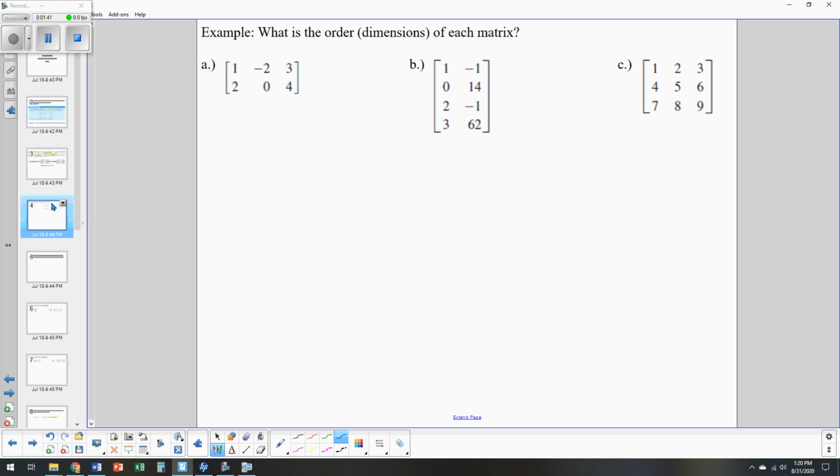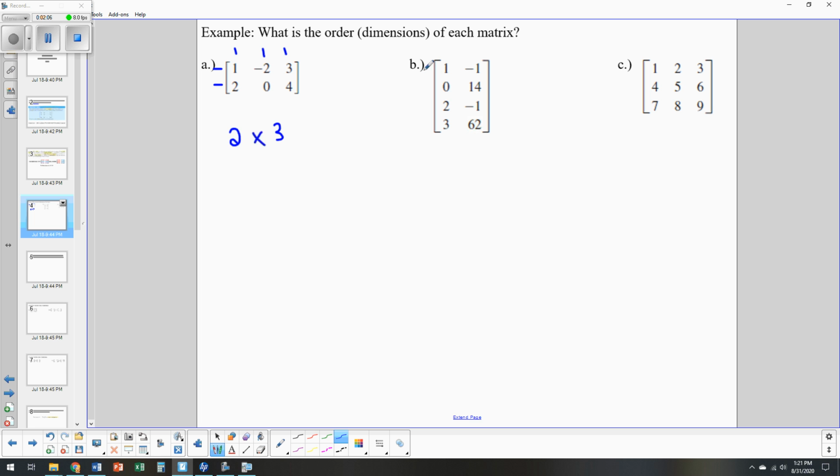So for our first example, we want to know what is the order, or what are the dimensions of each matrix. So we're going to find the number of rows first and then the number of columns. So I have 1, 2 rows. So 2 by, I have 1, 2, 3 columns, so 3. So my order, or the dimensions of this matrix, are 2 by 3.